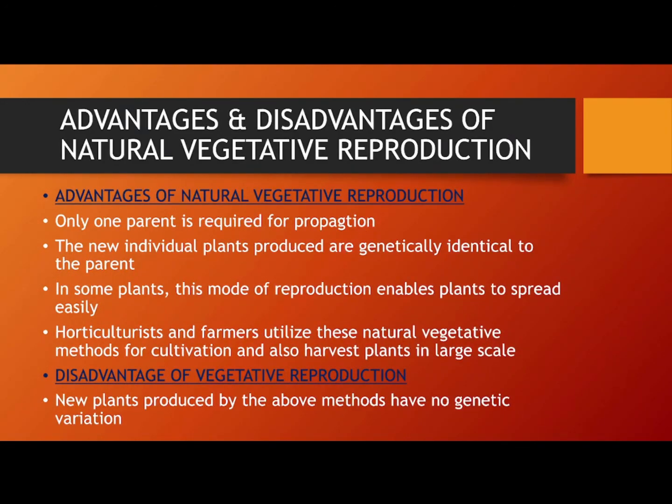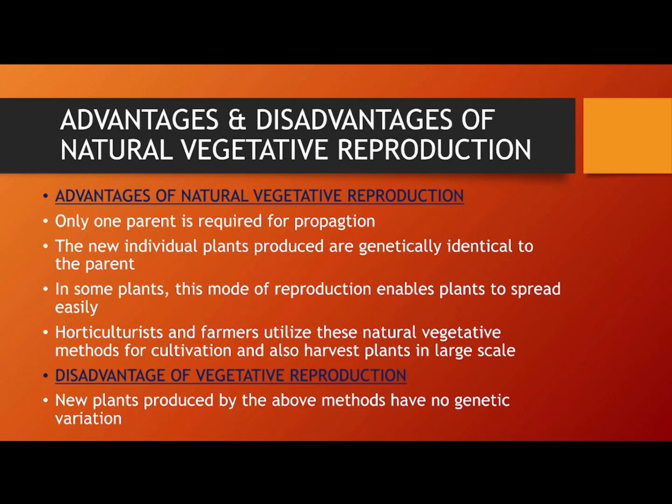Now let us see the advantages and disadvantages of natural vegetative reproduction. Advantages: only one parent is involved in propagation, whereas for the sexual method we need two parents. The new individuals produced will be genetically identical to the parent plant, exactly similar to the parent plant.